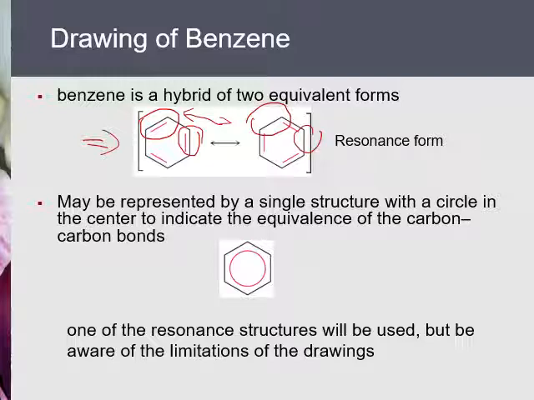Again, this bond is between a double bond and a single bond, and therefore all the 6 bonds are the same. When you combine these two resonance forms together, it tells you that in benzene all the bonds are the same. They are in between a double bond and a single bond. Another way to represent the benzene structure is to use a circle.